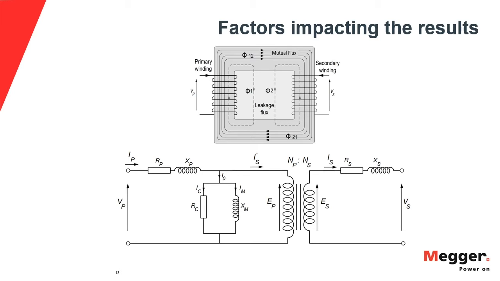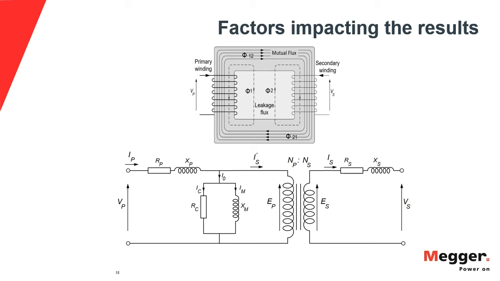So there are several factors that will affect how that phenomenon is achieved. One of them is the excitation voltage, the voltage that we use to run the test.